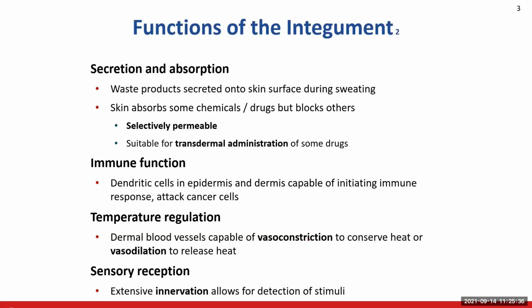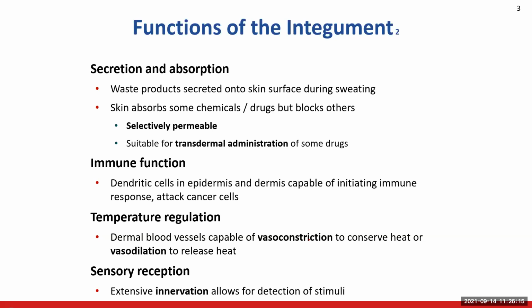And then our skin is loaded with lots of different types of receptors. As you know, receptors monitor stimuli, both external and internal. So our skin is going to give us large amounts of sensory reception, and it's going to transmit that information to the central nervous system, our control center. This extensive innervation allows us to detect a variety of stimuli, some potentially harmful, like pain, even temperature-wise.